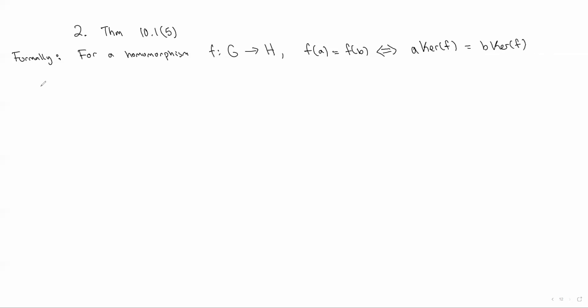Note that the kernel of f is a subgroup of G. So here, A times the kernel of f and B times the kernel of f are cosets.